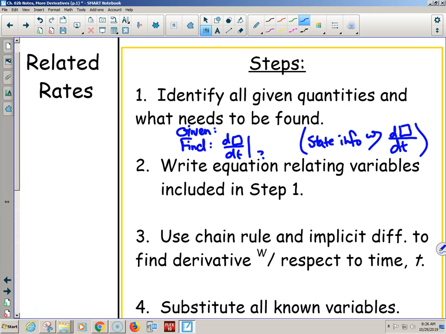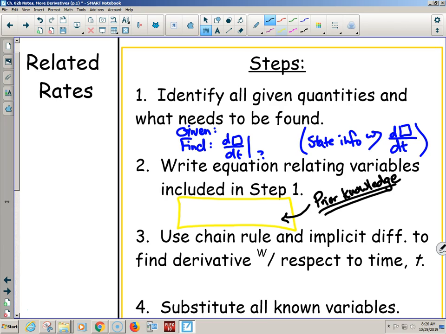Write an equation relating the variables. This is sometimes given to you, but more often than not, some sort of prior knowledge. You guys have heard this in other classes, haven't you? Prior knowledge. In teaching, it's a buzzword for things that you're supposed to be coming into this class already knowing, like geometry, like trigonometry, like, I guess algebra, but you won't really have many algebra equations here.